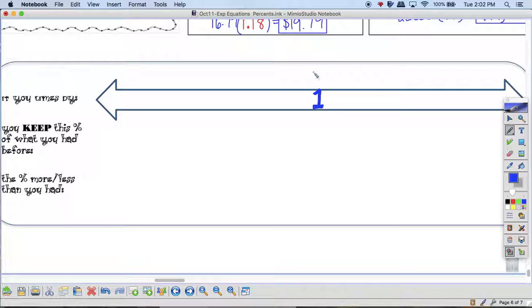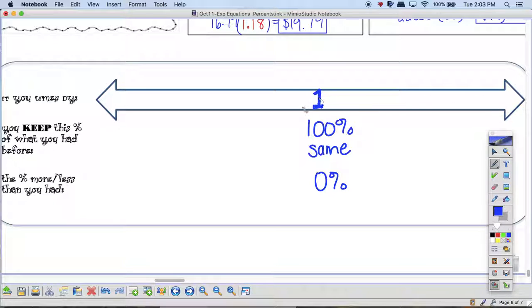Does anything change? Nothing changes. You keep 100% of what you had before, so there is a 0% change, and the value of something would stay the same. So keep in mind, if you multiply by 1, you're keeping 100%.